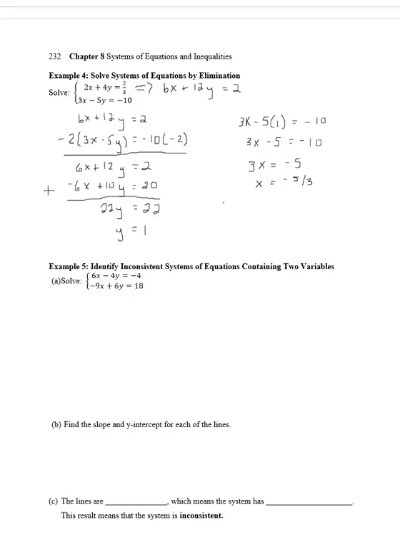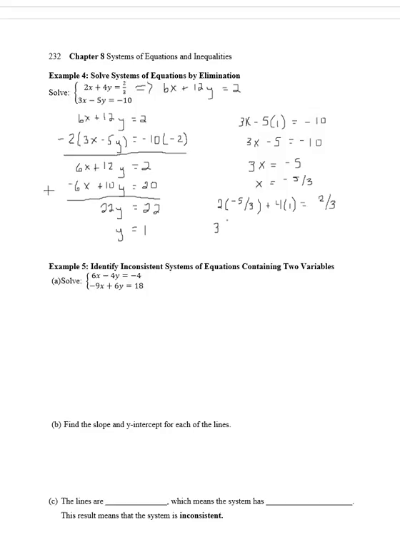Now remember, we have to check. So 2 times negative 5/3 plus 4 times 1 does indeed equal 2/3. And I've been sloppy before. I've only been checking in one of the equations, but really we should be checking in both of them.